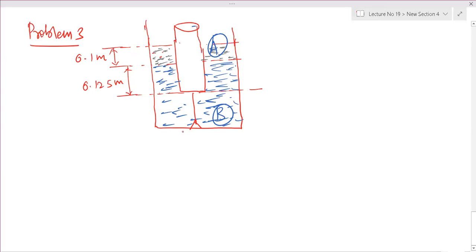So this cylinder is tied. I will write the problem for better understanding.